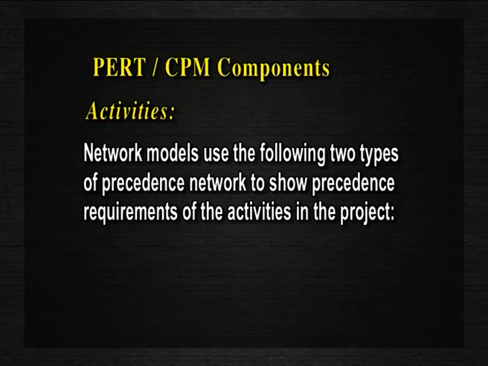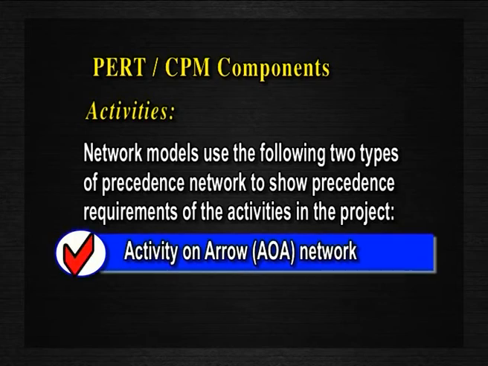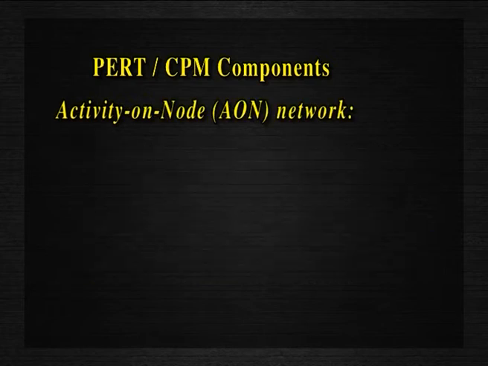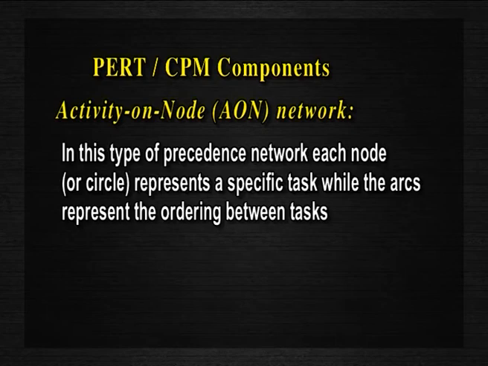Network models use the following two types of precedence network to show precedence requirements of the activities in the project: activity on node network and activity on arrow network. Coming to activity on node network. In this type of precedence network, each node or circle represents a specific task while the arcs represent the ordering between tasks.